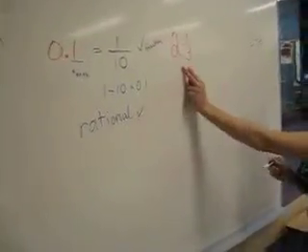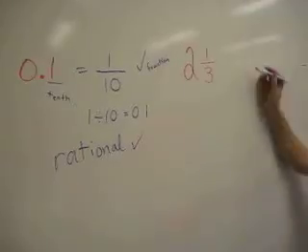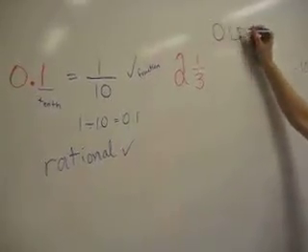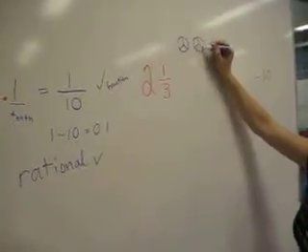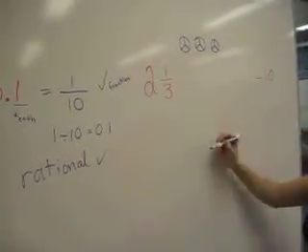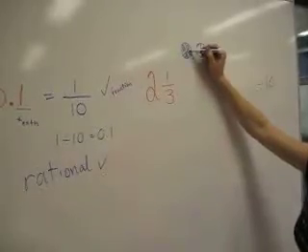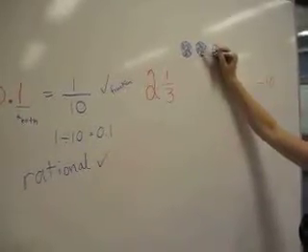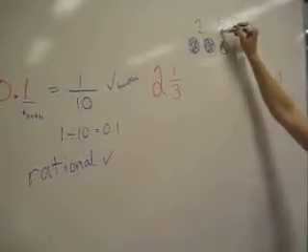Another example here, the mixed fraction 2 1/3. So if we think of that mixed fraction as a picture, we're going to have 2 whole ones and 1/3 of another piece. 2 1/3.